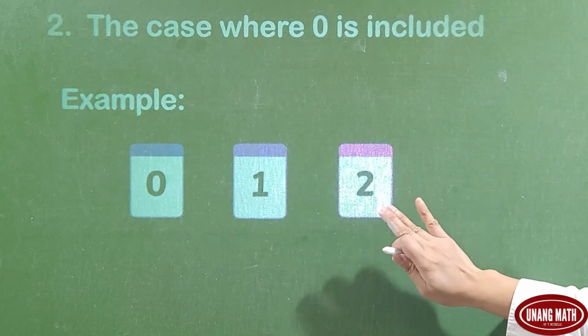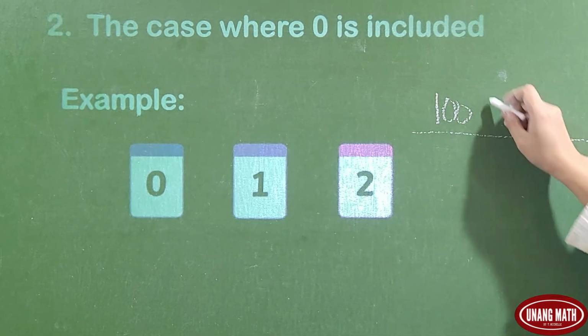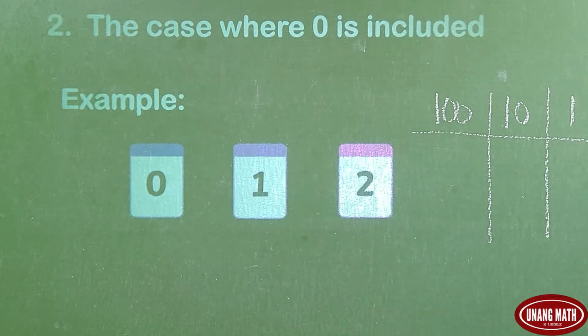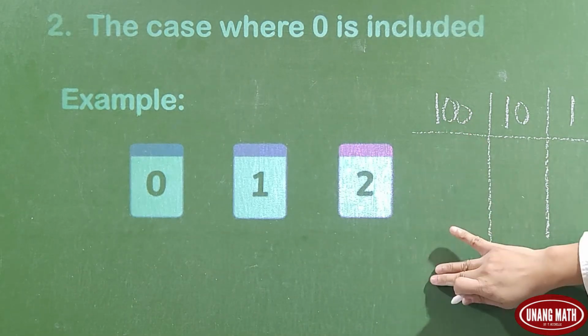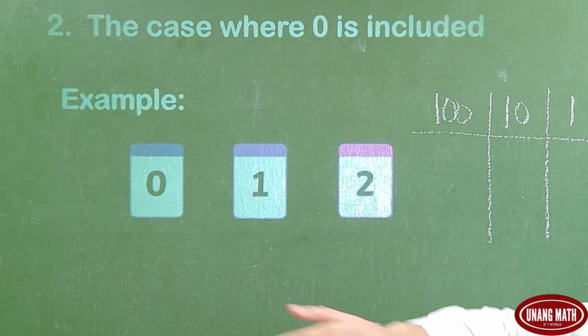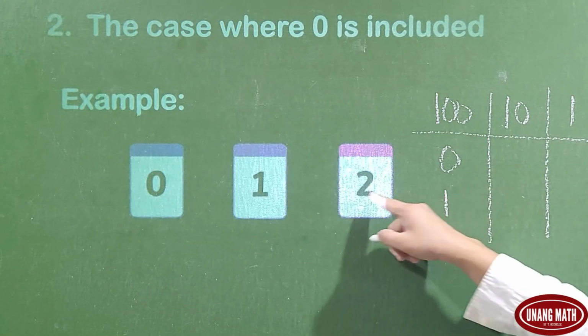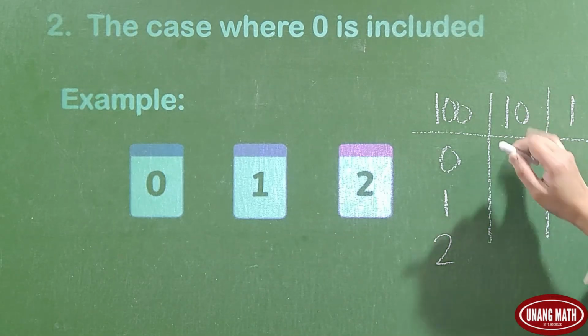So if it's a 3-digit number, then we have numbers in the hundreds place, tens place, and ones place. So what are the number cards that we can use in the hundreds place? We can use 0, 1, or 2. What about in the tens place?